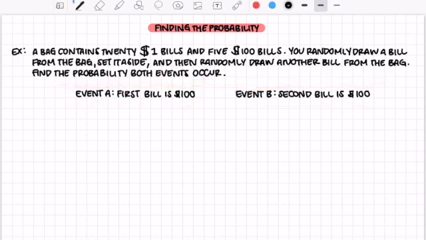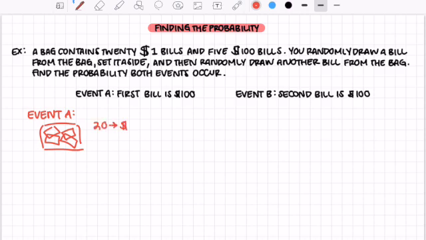So if I were to think about this, I have my bag here, and from this bag we have 20 $1 bills, right? We also have a bunch of $100 bills in there. So if I were to take one from this bag, event A, I would have in total 20 $1 bill options.